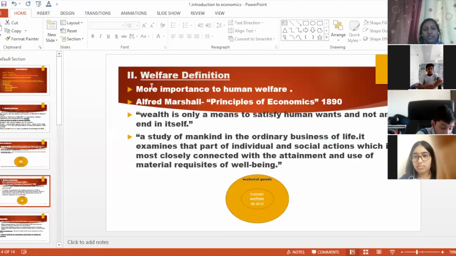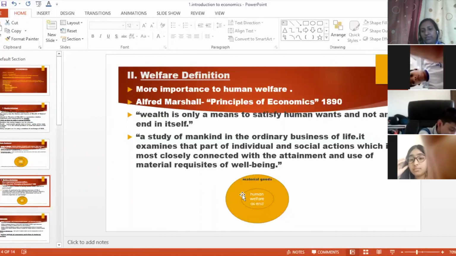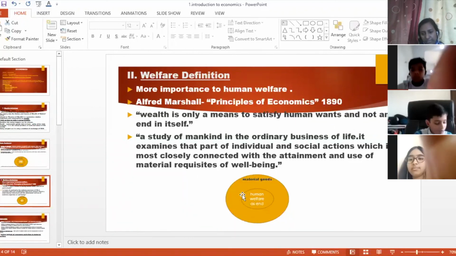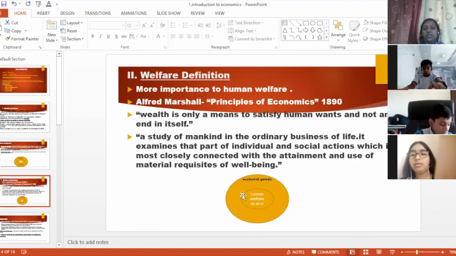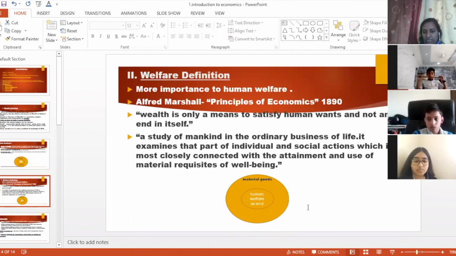Now his definition gave more importance to human welfare. He kept human welfare in the middle of all economic activities. According to him, human welfare should be the end of economic activities. Material goods were considered at the periphery, like you can see in this diagram.